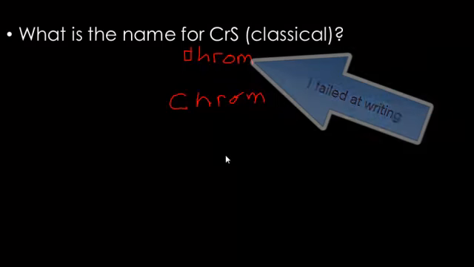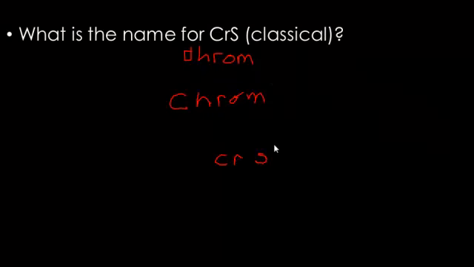This one is going to be, well, sulfur is 2-, so for there to be one of each, this one has to be 2+. So the 2+ is the smaller number, which means it's going to be OUS, and then sulfide. So that's how you name ionic compounds that have transition metals.